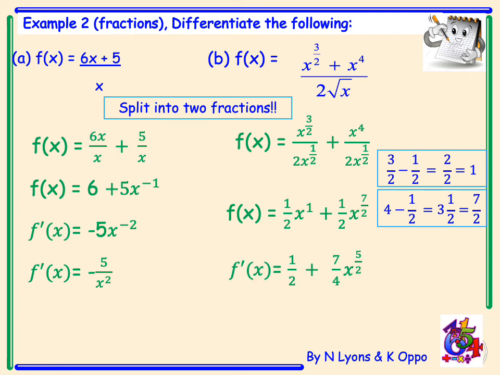From there, differentiating, the first term will become 1 half, and the second term, if we bring the 7 over 2 down and multiply by 1 half, we get 7 over 4 x, and 7 over 2 take away 1 is 5 over 2. Please remember again to do work on fractions at the side of your page.